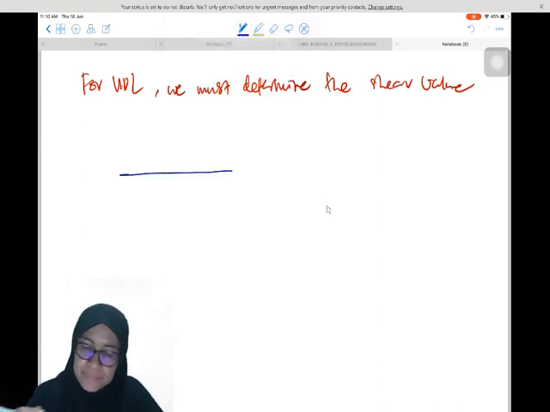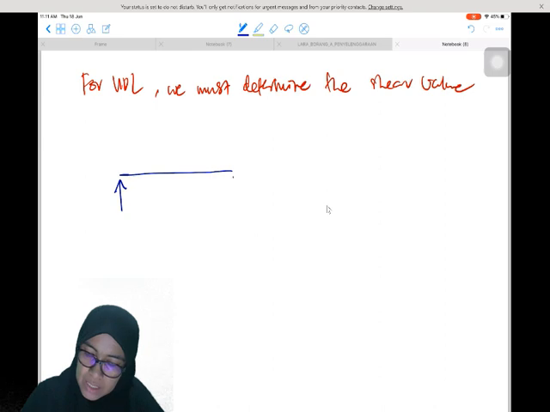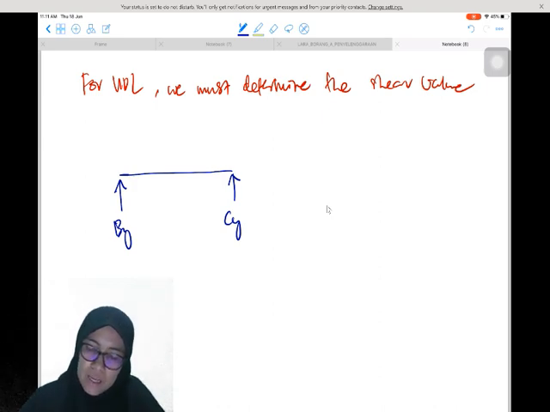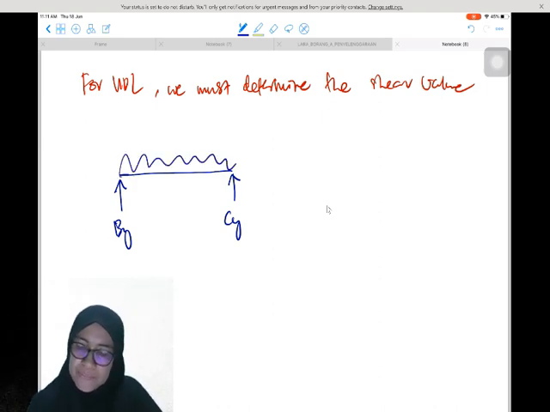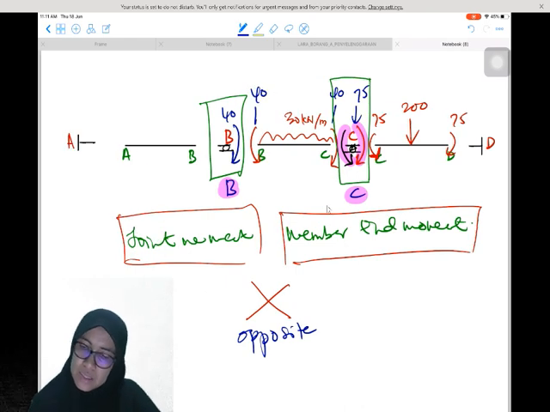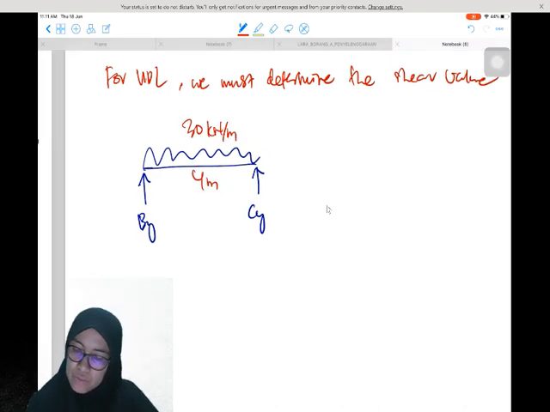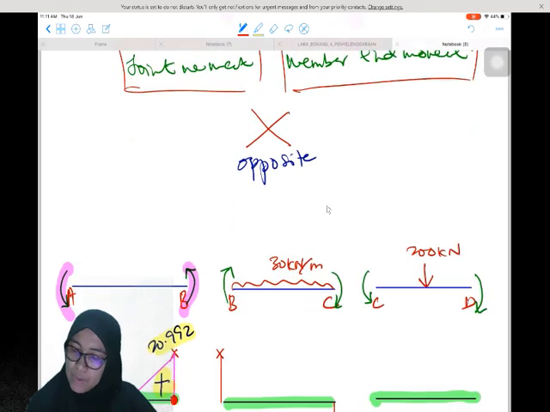This is the beam. Here will be BY and CY. The UDL is 30 kilonewton per meter over 4 meters.